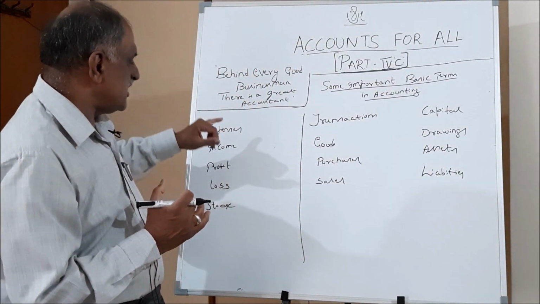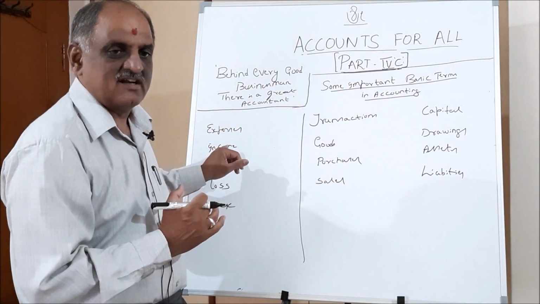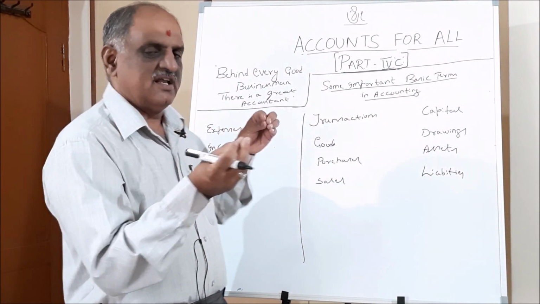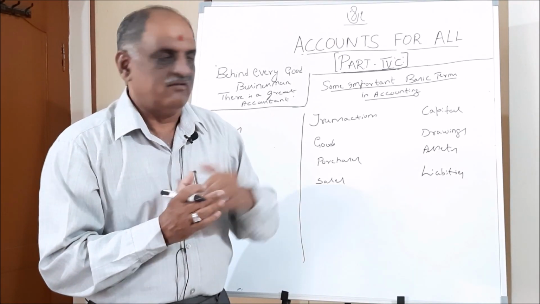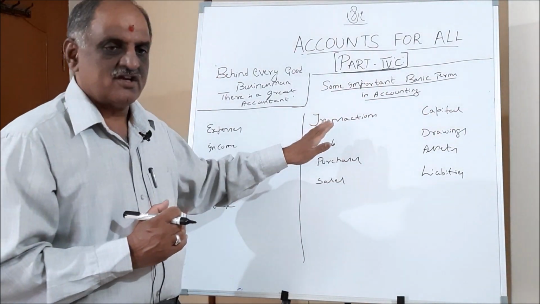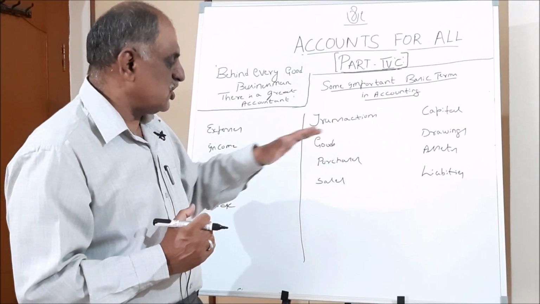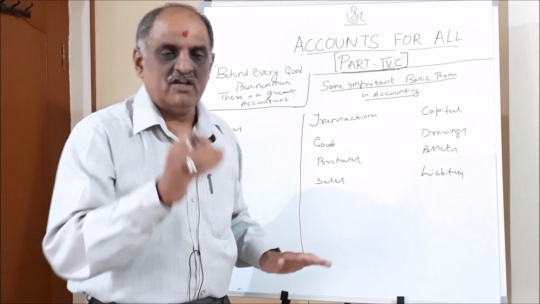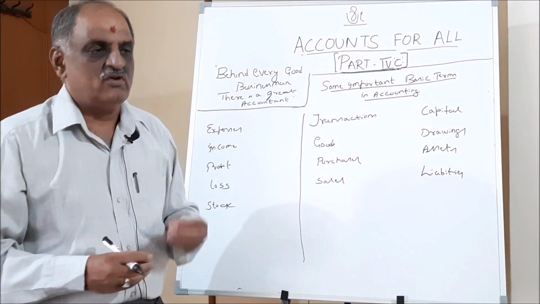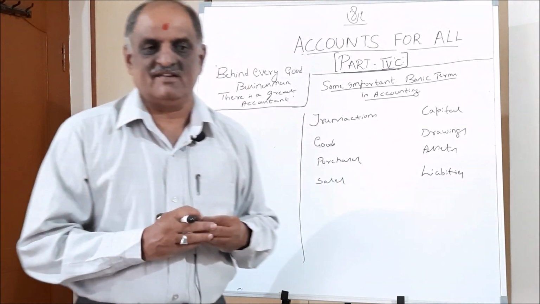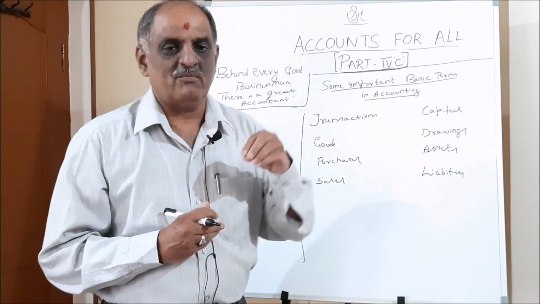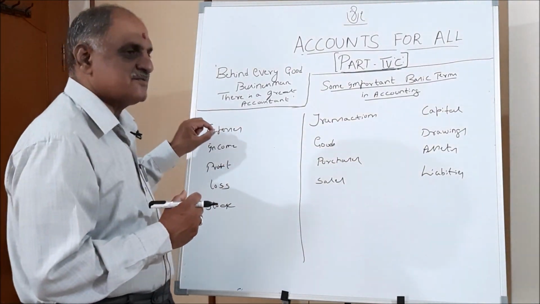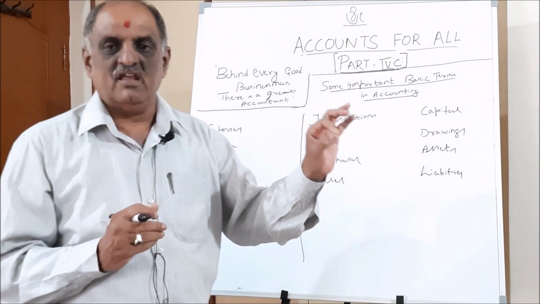That is why expenses are there, income is there. For that, let me give you one small example. When you have started your business with your capital, the transaction starts, you will purchase goods, you will sell goods. But when your customer comes, you will offer him one cup of coffee. For that, you have to pay from your pocket. When you pay from your pocket, is it not an expense? It is refreshment expenses.